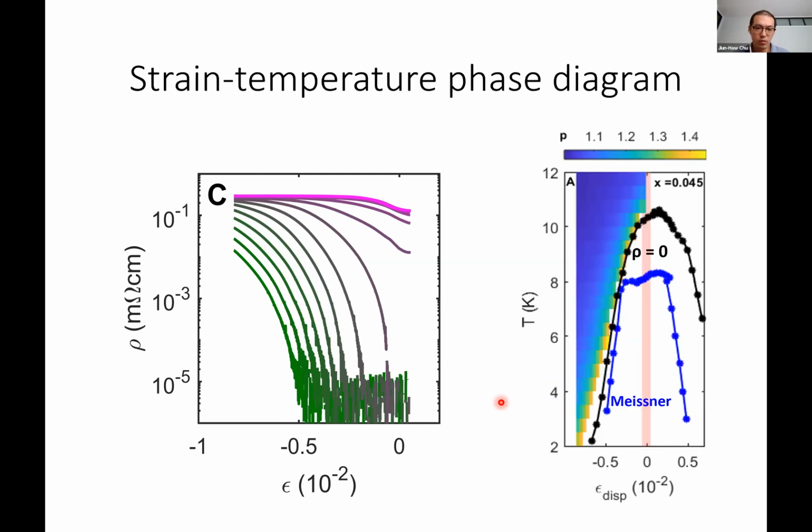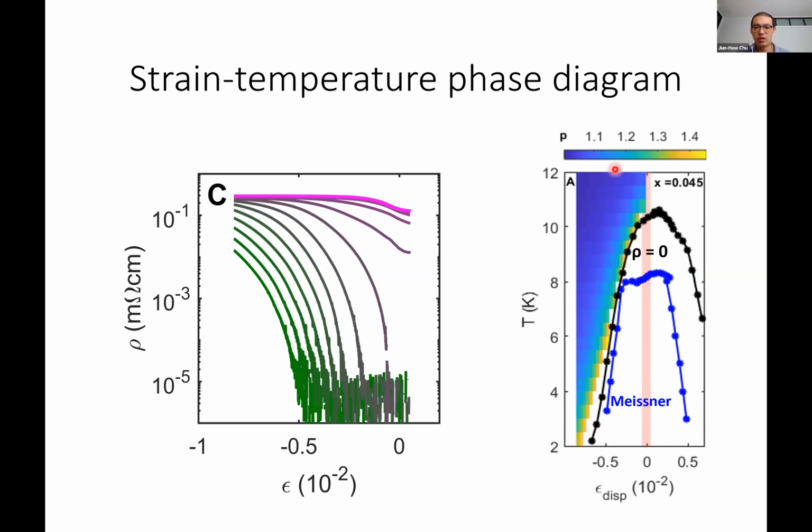Okay, so with all these data sets, we compile the phase diagram of these underdoped samples, where this blue boundary is the Meissner state, which is enclosed by this black boundary, the zero resistance state. Outside the zero resistance state, there's a region where the IV curve is still nonlinear.